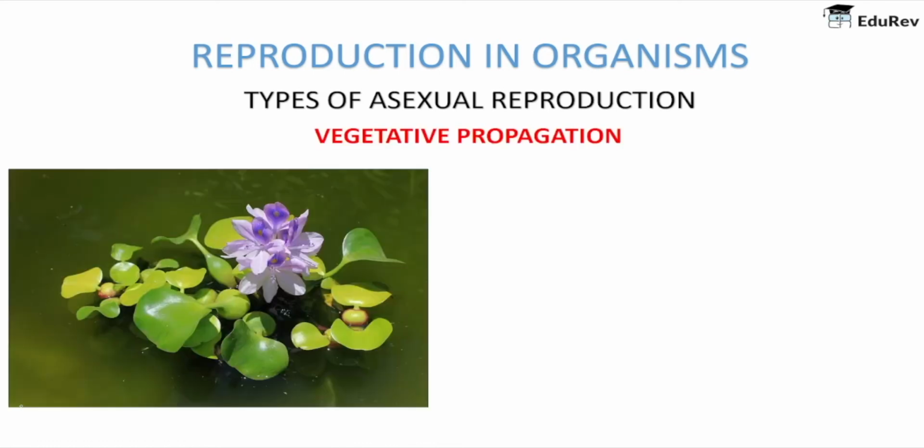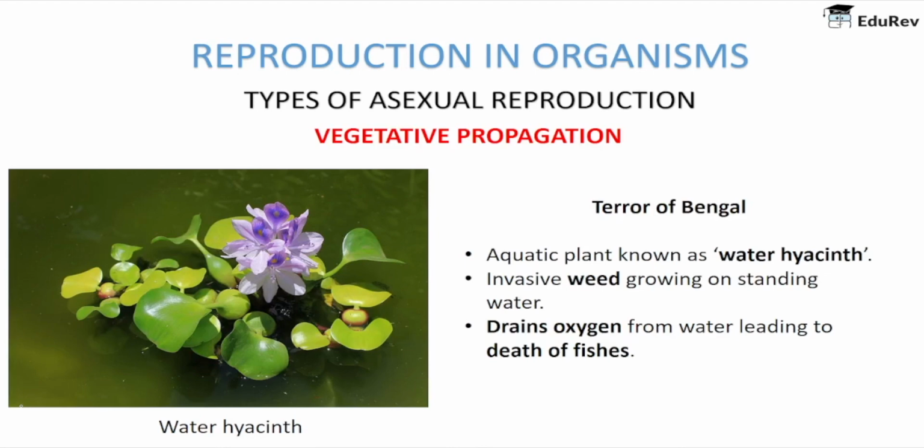You might have heard about the terror of Bengal. It is an aquatic plant which is known as the water hyacinth, and it is an invasive weed which generally grows on standing water. What it does is basically drain oxygen from the water, which leads to the death of the fishes.